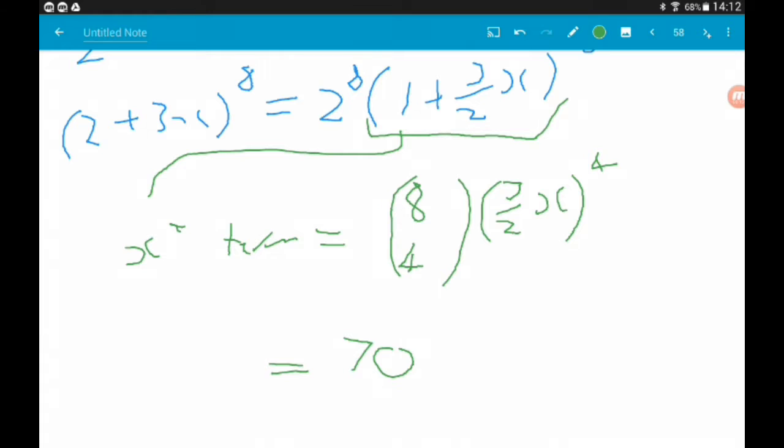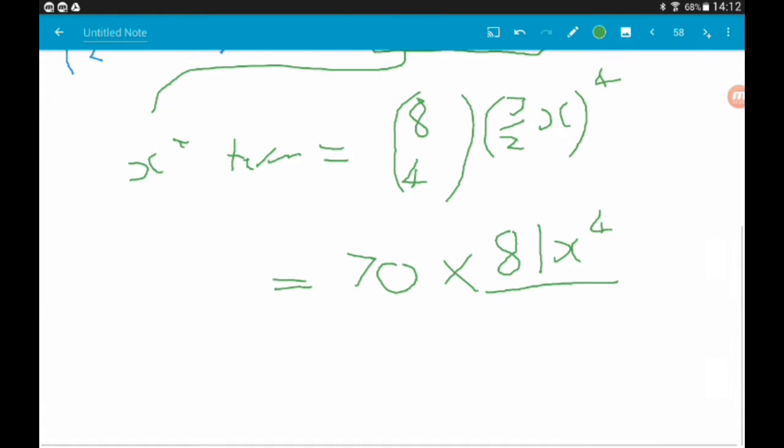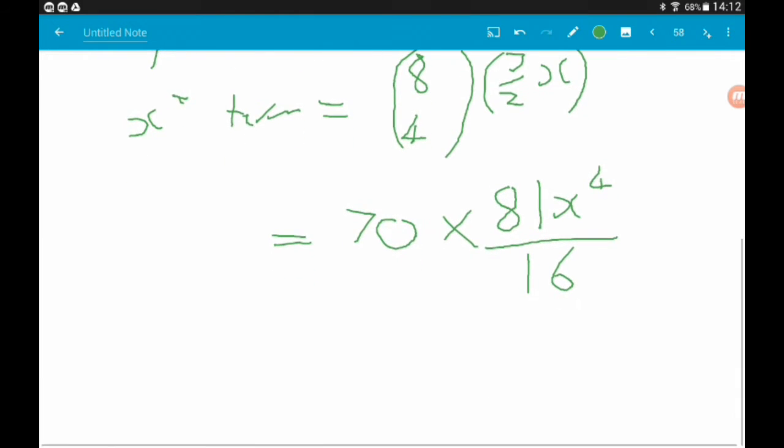So, if we whack this in our calculator, 8 choose 4 is 70. 3 halves to the power of 4 is, well, 3 to the power of 4 is 81. So we get 81 x to the power of 4 over 2 to the power of 4, which is 16. So there's a common factor of 2 between 70 and 16.